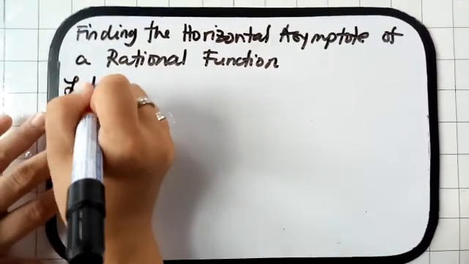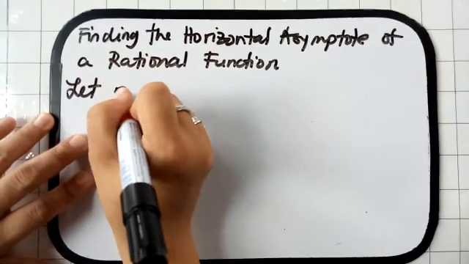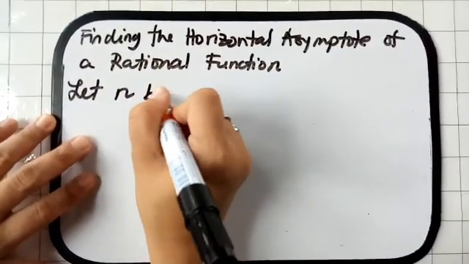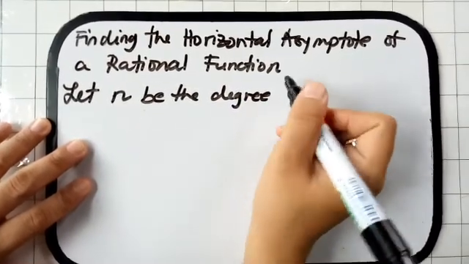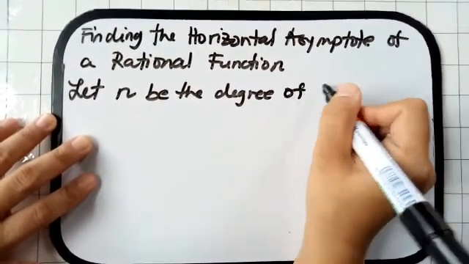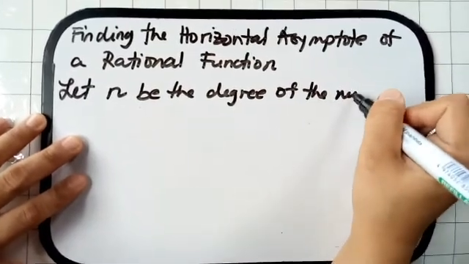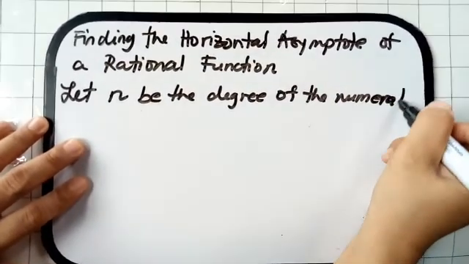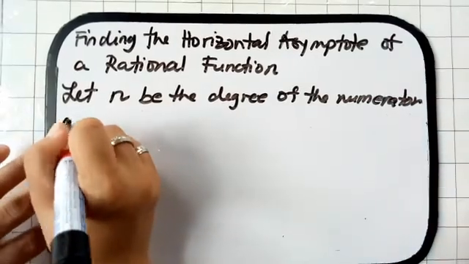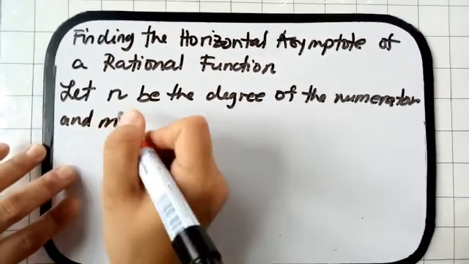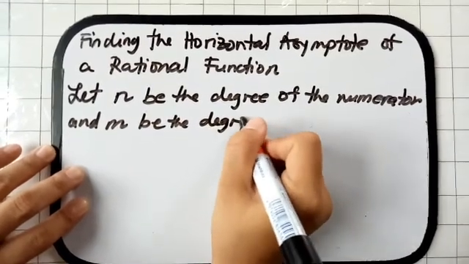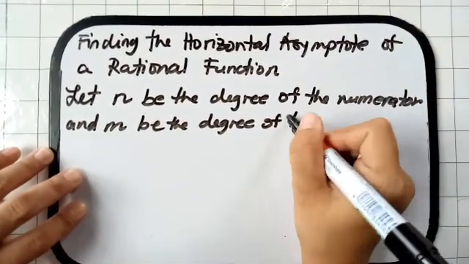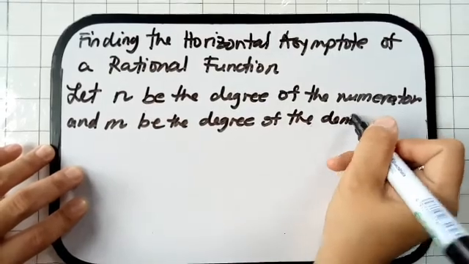Let n be the degree of the numerator and m be the degree of the denominator.